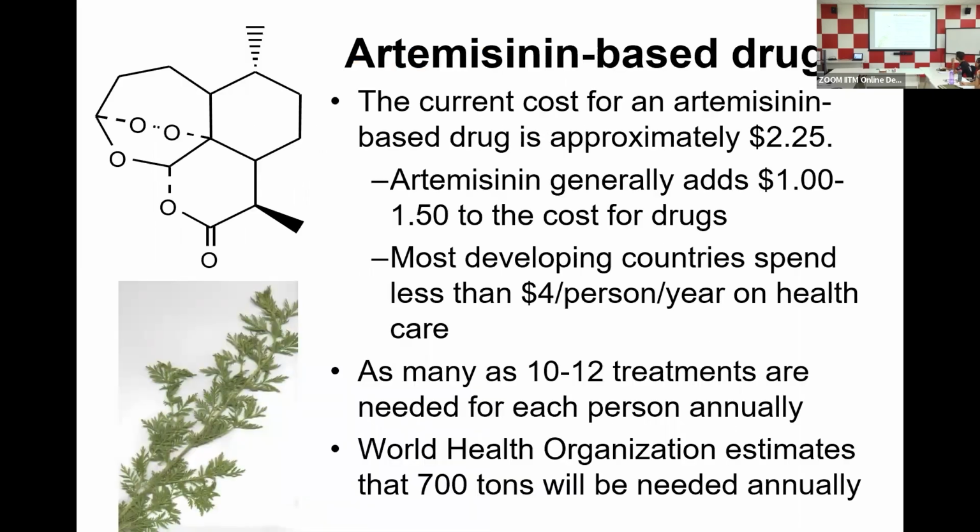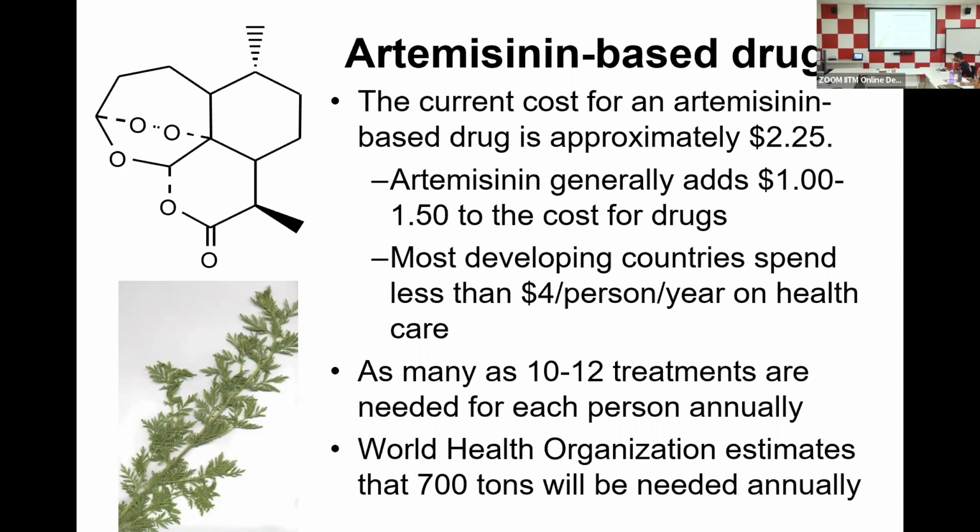So, there's some more data on the economics of this thing. If you keep the price of the drug at $225 more or less, then many people will not be able to have it, because in some countries the expenditure in health for a person per year is very, very low.